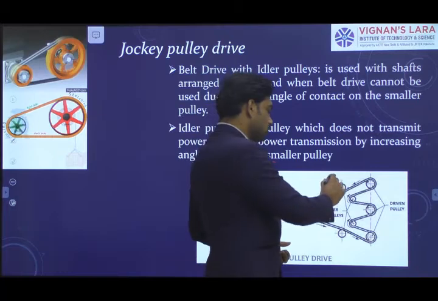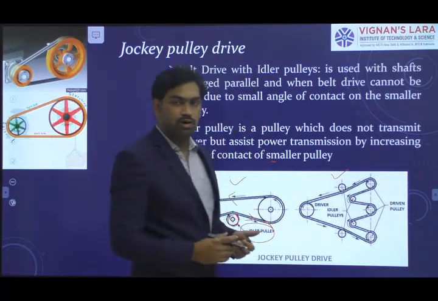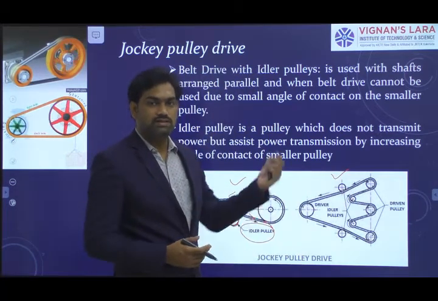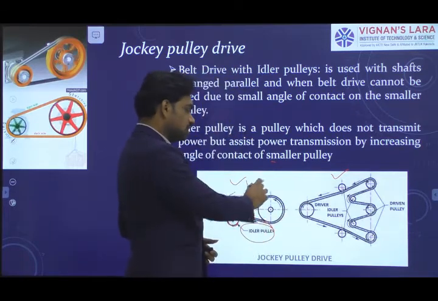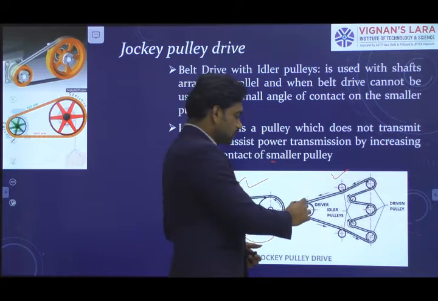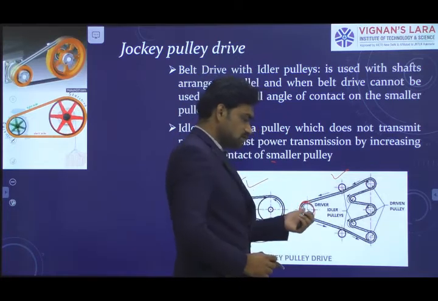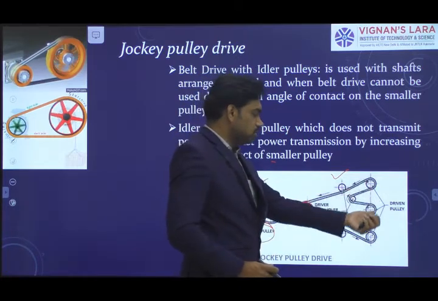And there is one more purpose. If you want to transmit power from one shaft to multiple driven shafts, you can observe here. The previous case was for increasing the tension in the belt, but coming to this one, this is the driver member and these three pulleys are driven members.